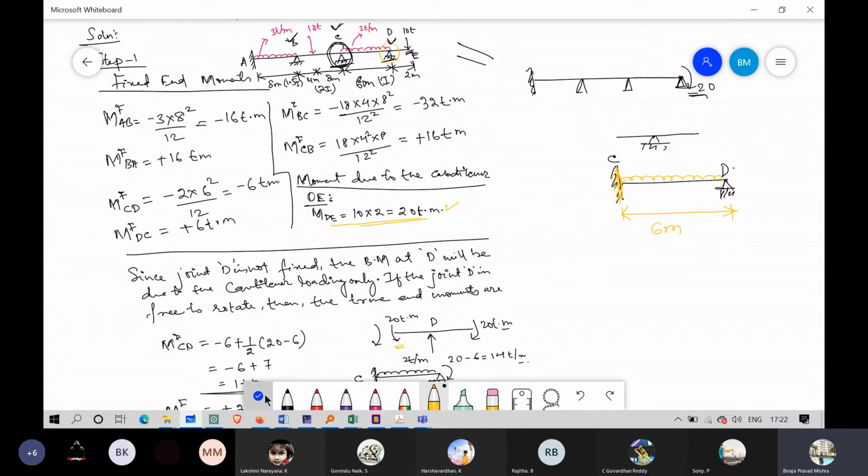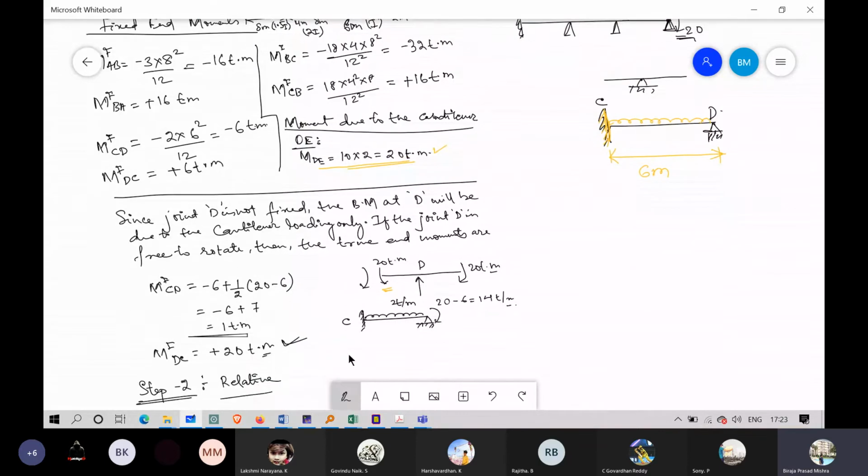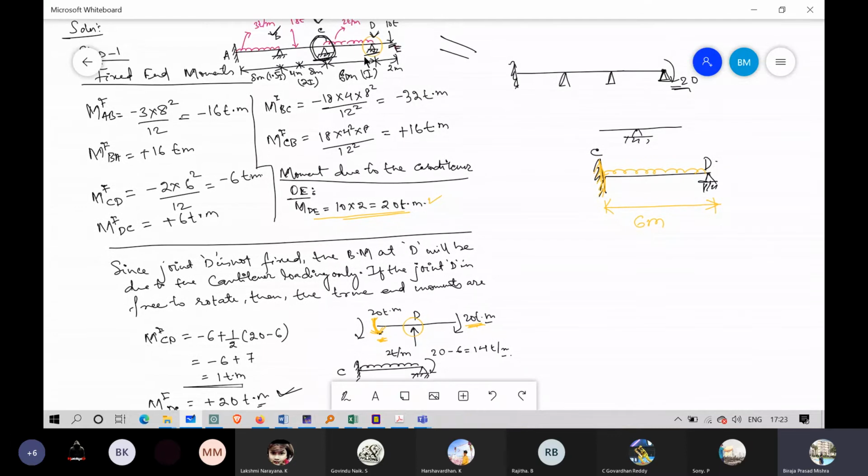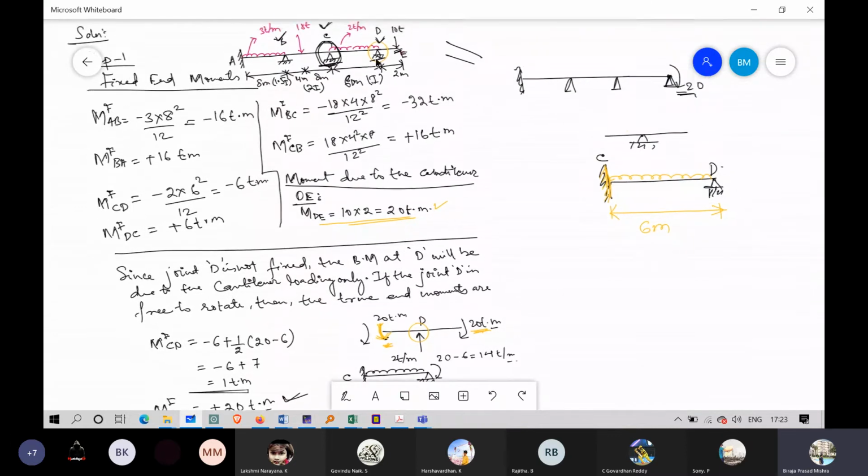Okay, so if you see what I have done, at joint D, due to this overhang, I am having a moment of 20 tons. So this should be nullified by some 20 ton meter at this end also, so that the joint D will be a simply supported or hinged one, whatever you may call.